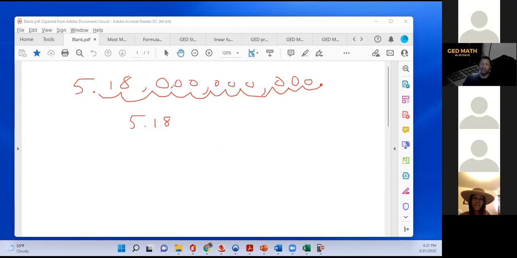And how many times did you move the decimal? 9 times. Oh, no, 3, 6, 9, 11 times. So in scientific notation, this will be 5.18 times 10 to the 11th power. And that's not even considered a big number. So that's what it would be in scientific notation.